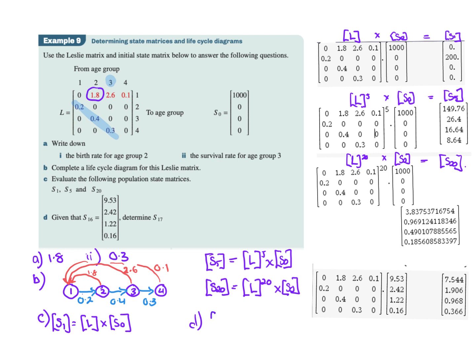So if you want to get state 17 and you've been given state 16, you're just going to do the Leslie matrix times the state 16. This is probably one that they could give you where it's really checking that you're reading the question. Okay? So you must use what they gave you.